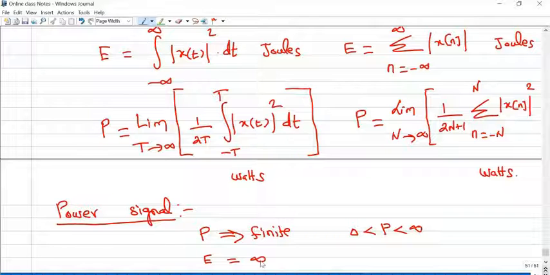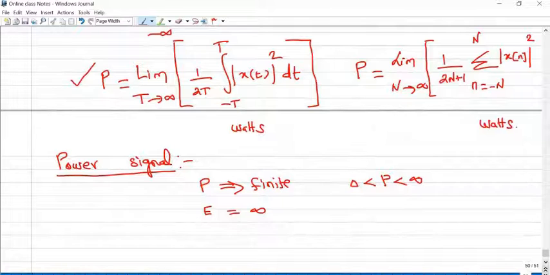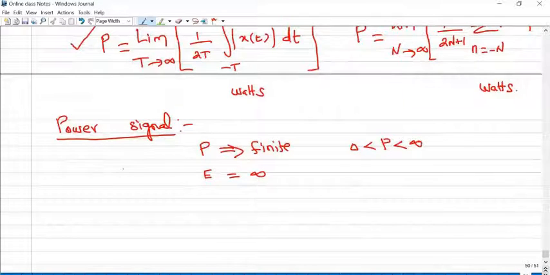For any given signal, using these two formulas, we have to find energy first and then power, or power and then energy. Then check the status. Power must be finite for a power signal. Energy must be infinite. So this is the condition for a power signal.